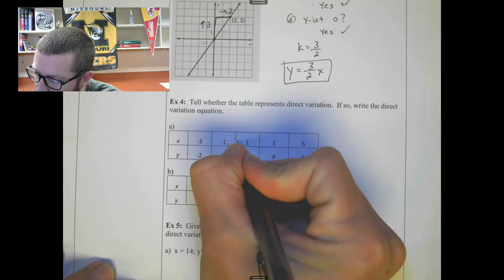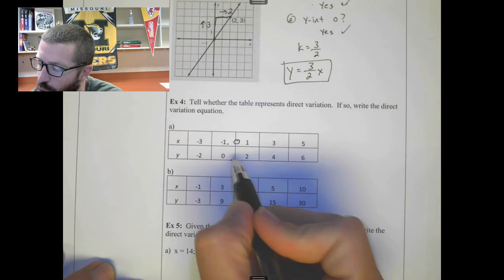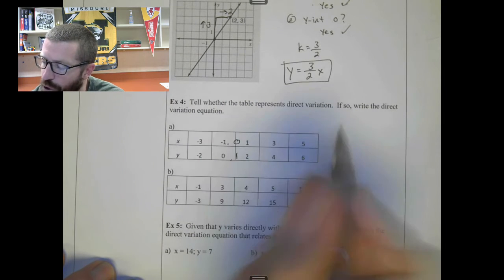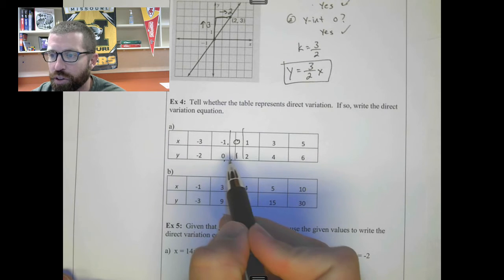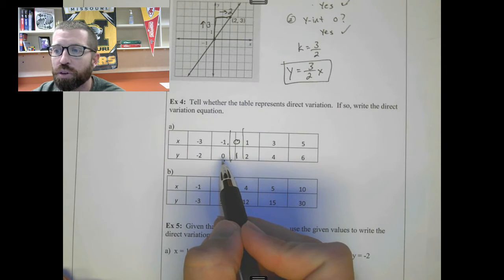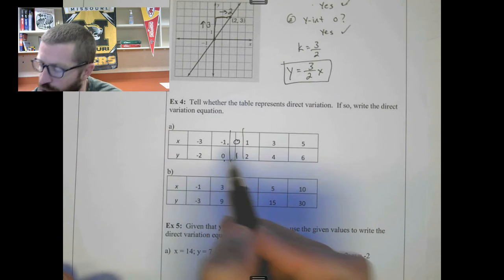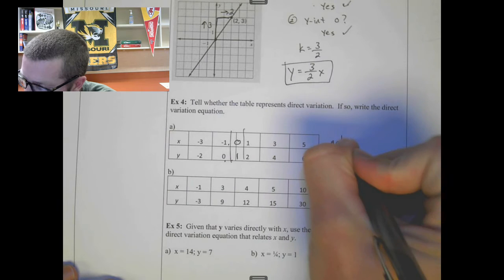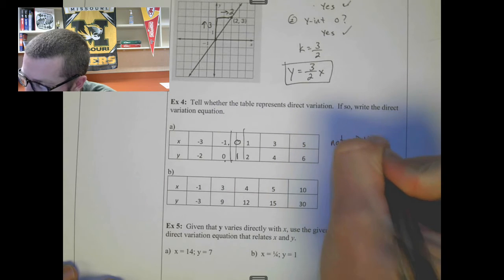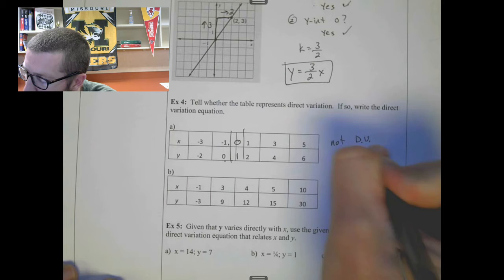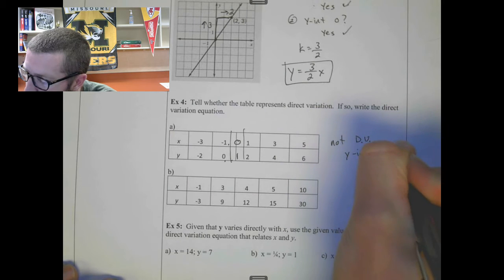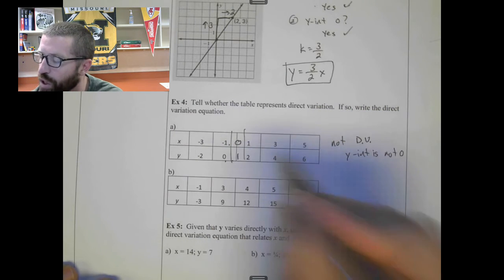What would the point at 0 be? Well, it would be 1. What you can realize is that it's not going to be 0, because that's already taken. And so this is not direct variation, because the y-intercept is not 0. In fact, the y-intercept is 1.